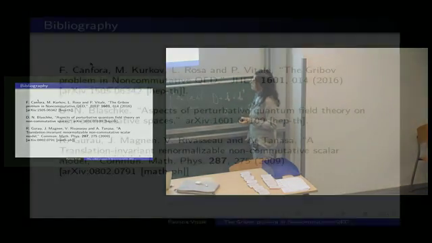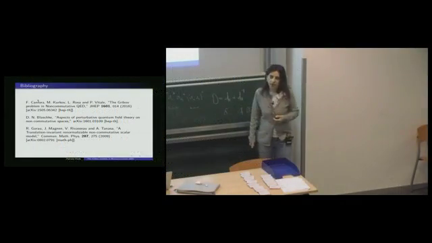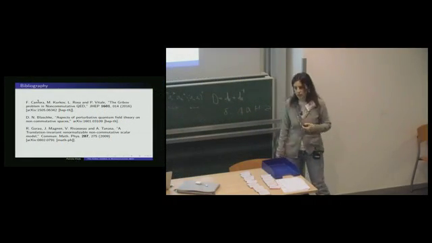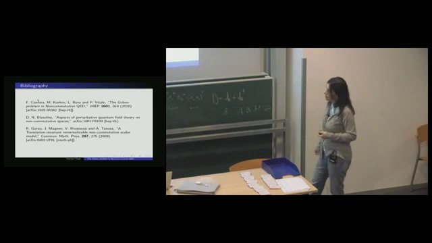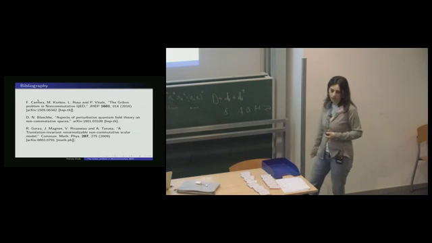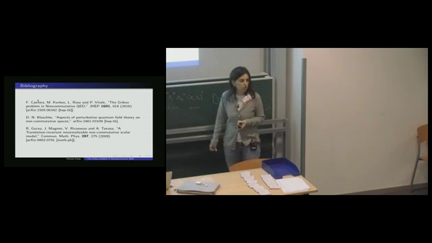And finally, this is the paper that I was telling you about, this scalar model, which is modified by a 1 over the Laplacian in the kinetic part in order to get rid of the ultraviolet infrared mixing. And with this, I'm finished.